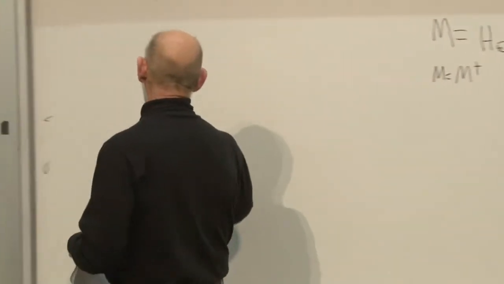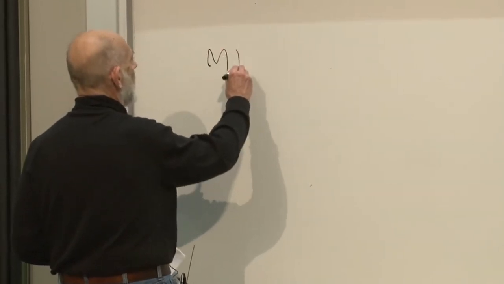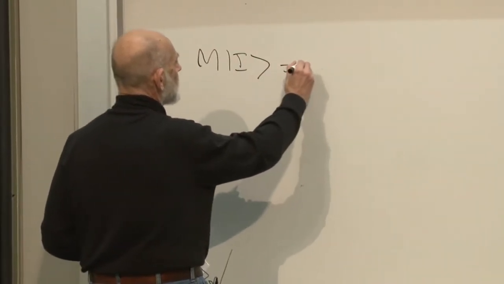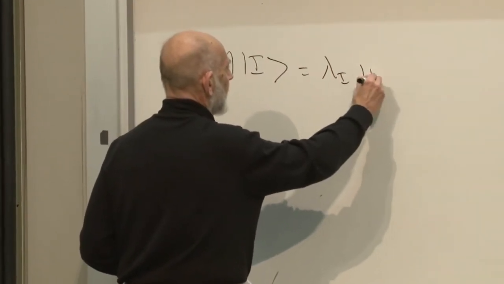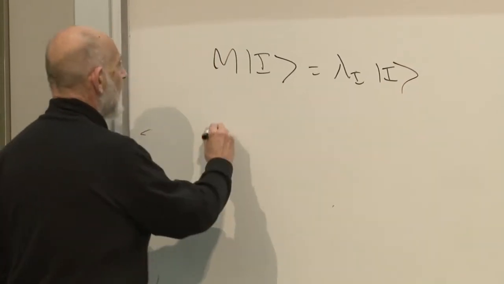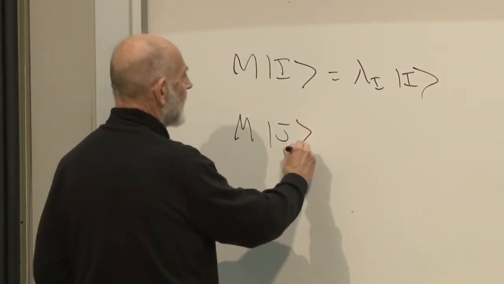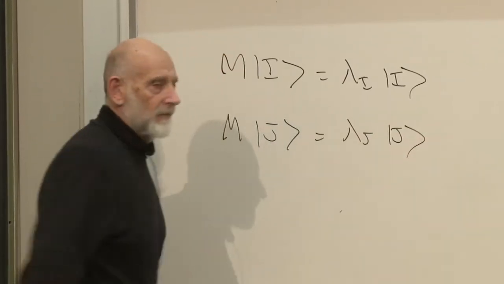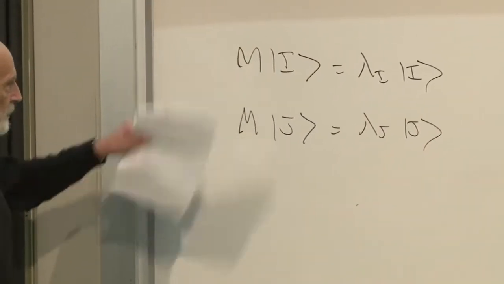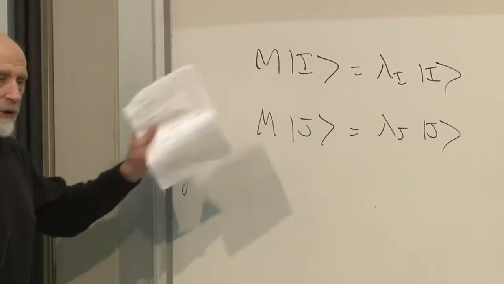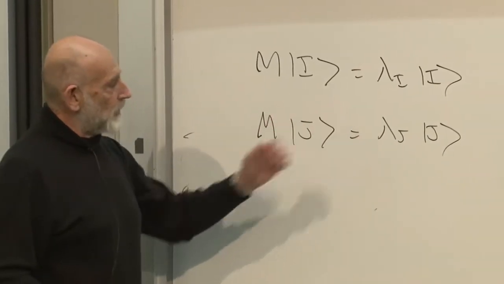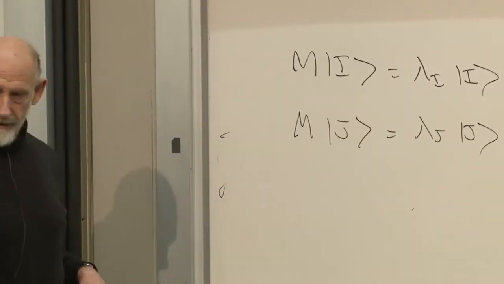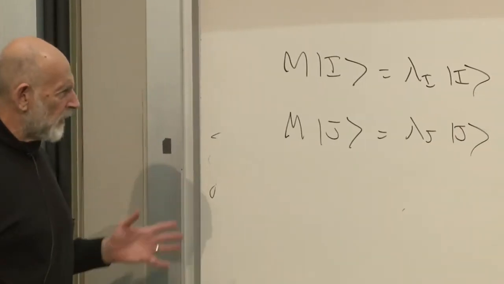Okay, so here we are. Let's start with M on I equals lambda I, and M on J equals lambda J. Two different eigenvectors, I and J. First thing we'll do is turn this one over and turn it into a bra equation.